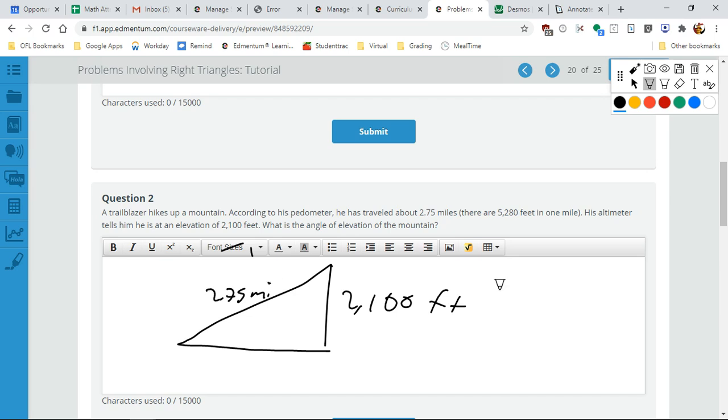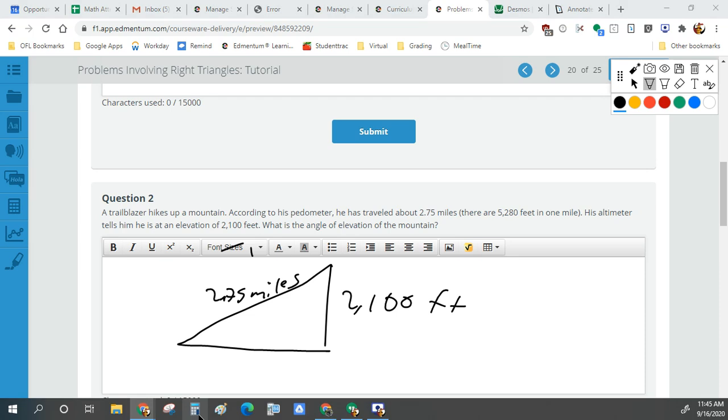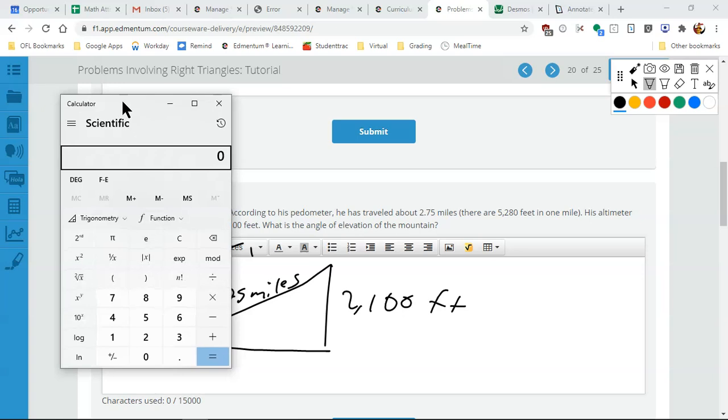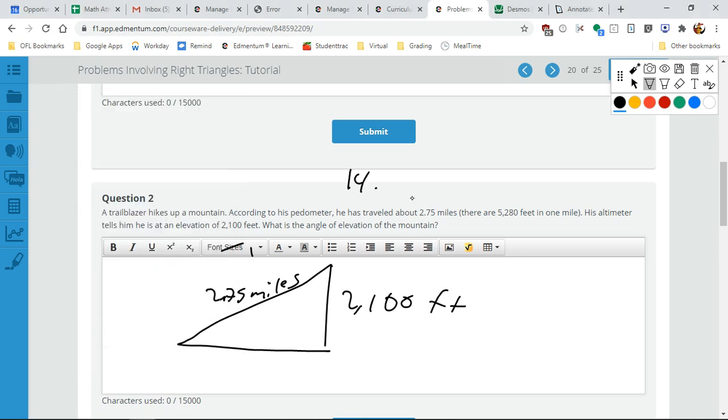Well, we need to convert this to feet first. So we're going to have to take the number of feet in a mile and multiply it. Let me pull out my smaller calculator. 2.75 times 5280. So we're going to get 14,520. We're going to replace that with the miles, that way we have it all in feet.